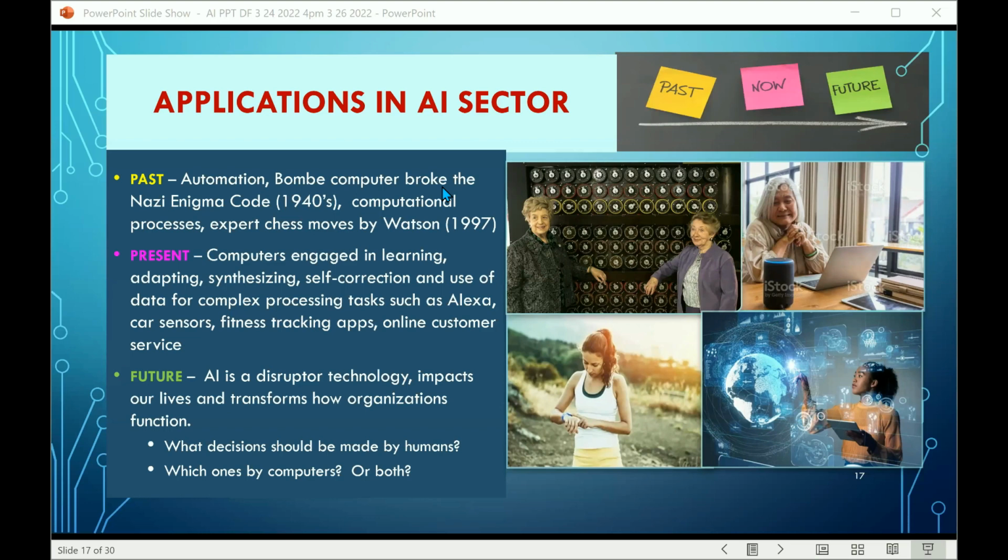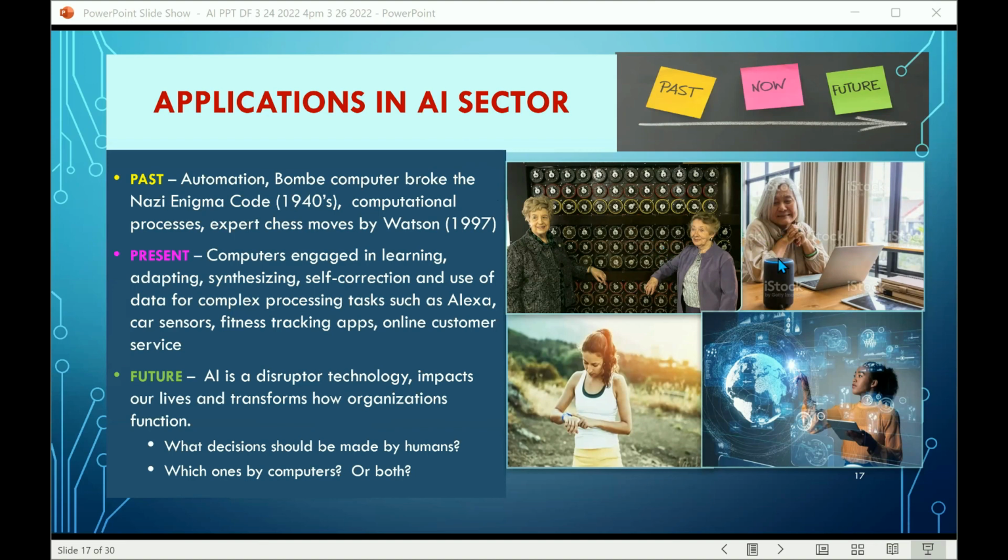Applications in the AI sector. So you can see here, past, automation, the bomb, computer broke the Nazi Enigma code in 1940. That was a long time ago. They had to be proud of themselves on that.